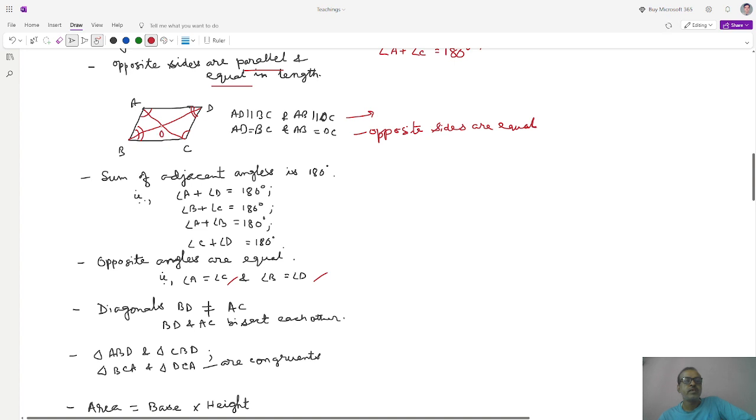Bisect means equally divided at the intersecting point. Here, the intersecting point is O. So, AO equals CO as well as BO equals DO. The two diagonals bisect each other at point O. Okay.